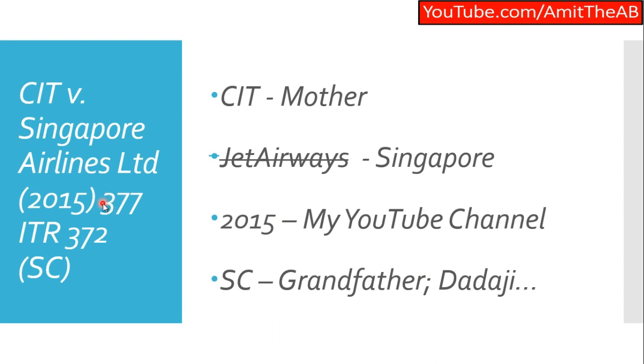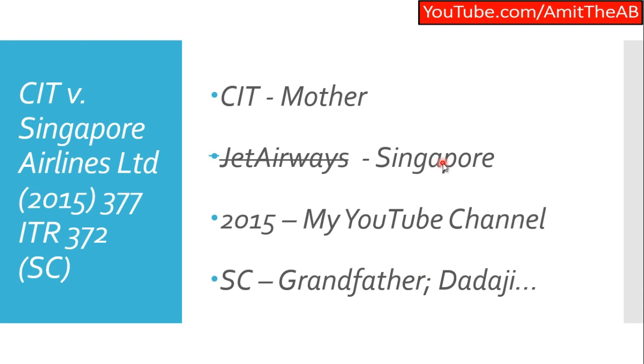In this case, 377 and ITR 372 is of no use for us. I will just take that out and won't even focus on that. For Supreme Court, simple, grandfather; 2015, my YouTube channel; CIT would be my mother.